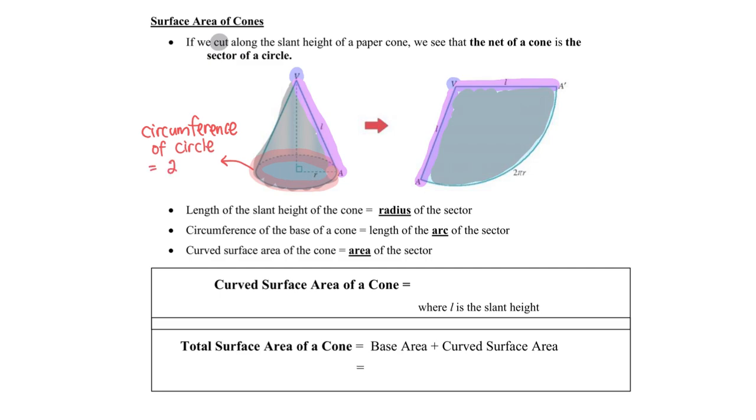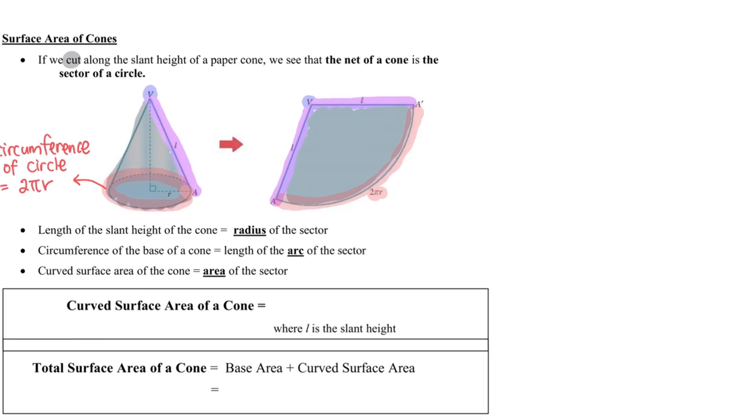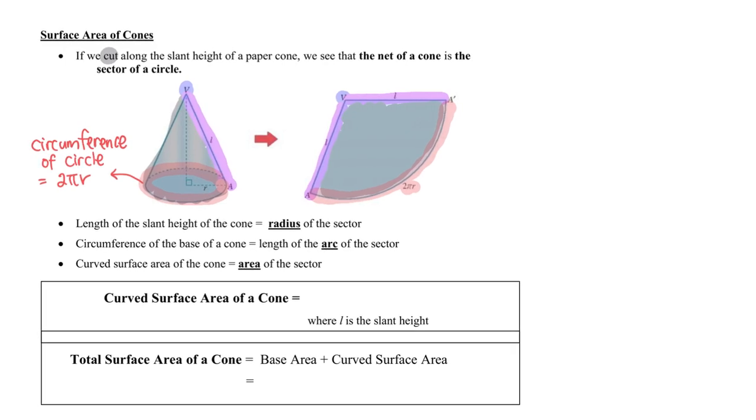I hope you remember it's 2 pi r, and therefore if from A I cut it out, you would see that this is also 2 pi r. Now this is where things get a little bit interesting.